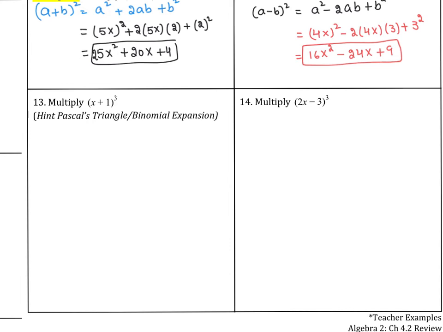Now let's do question number 13 and 14. So we are going to use either the binomial expansion formula for that, or we are going to use Pascal's triangle.